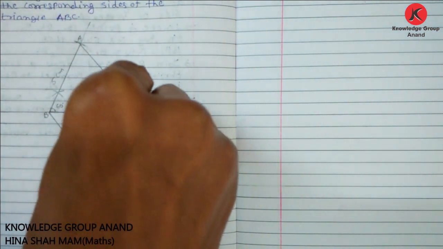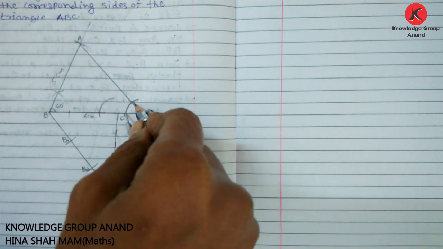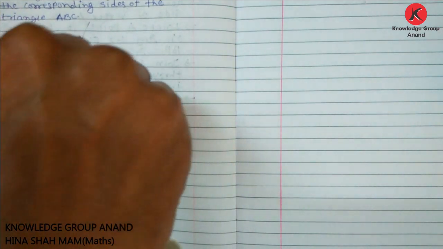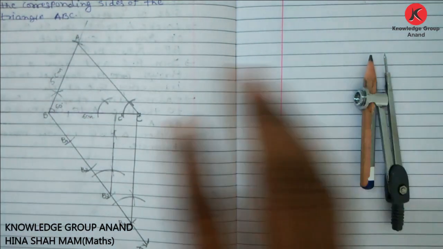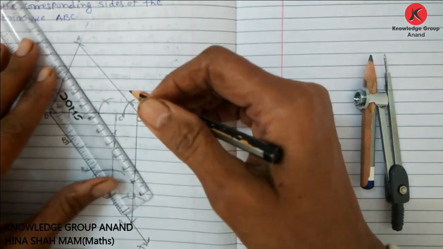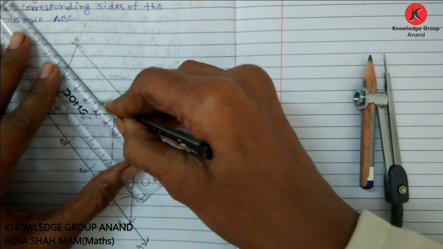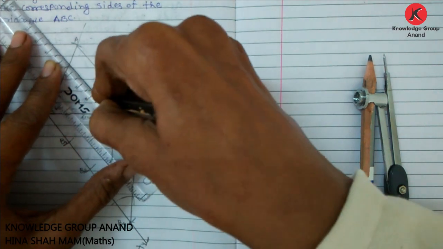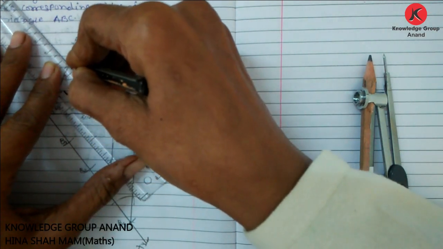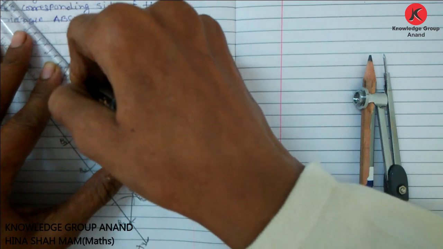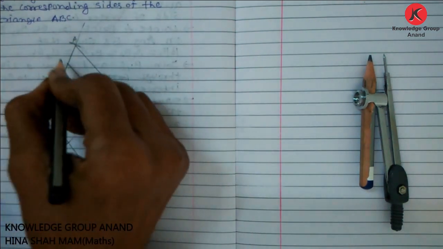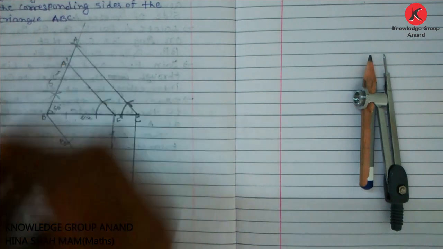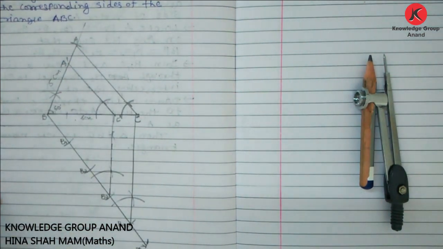How to draw parallel? Then parallel, which intersects AB at A dash.